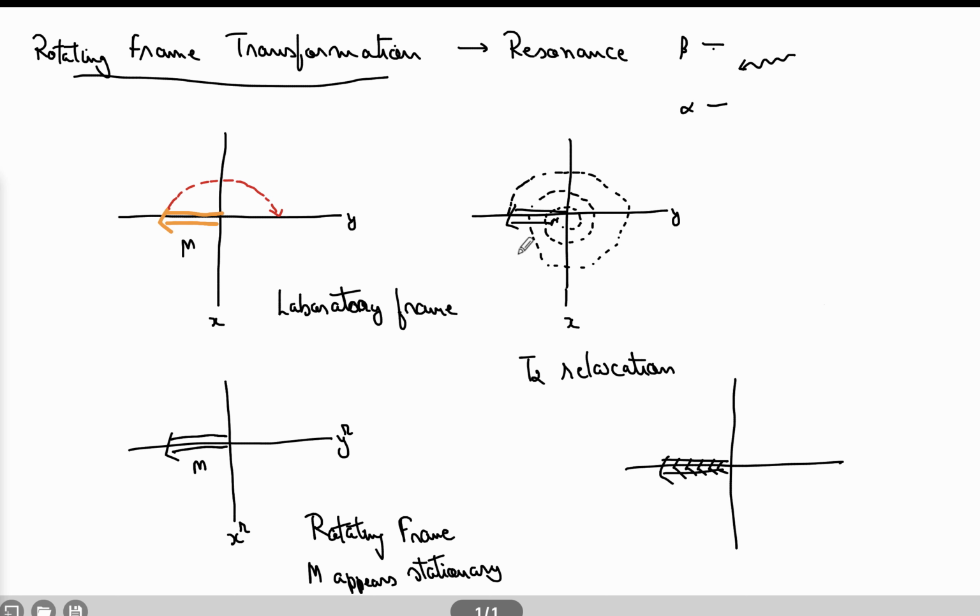So it is not moving in any kind of circular or spiral fashion. The vector M in rotating frame, I mean. So the vector M keeps on reducing in length, right? That's the effect of rotating frame transformation onto the magnetization, which is undergoing only T2 relaxation.